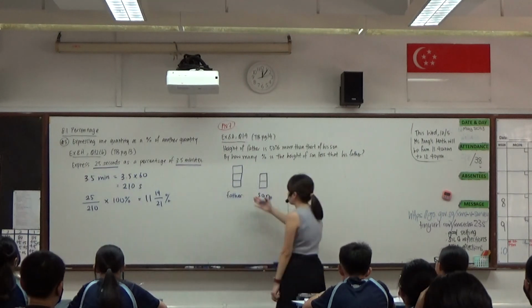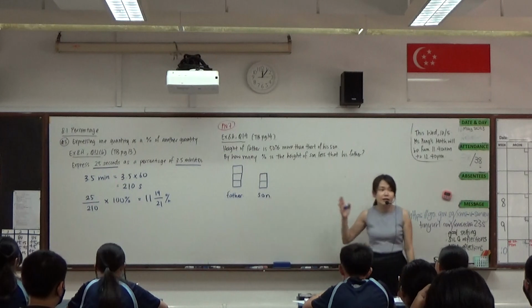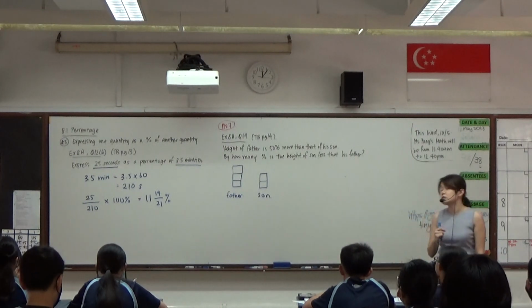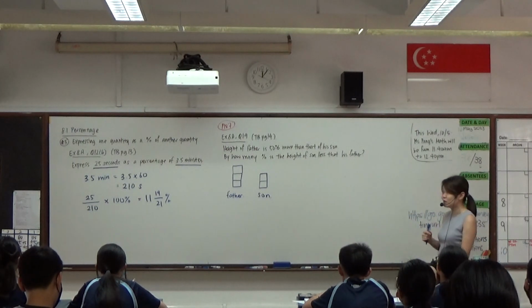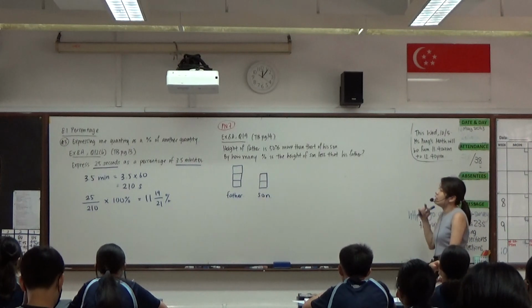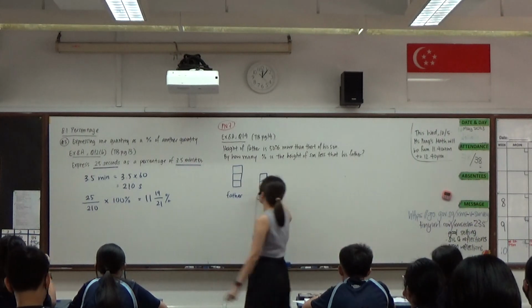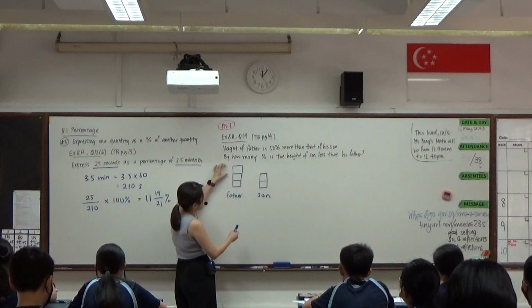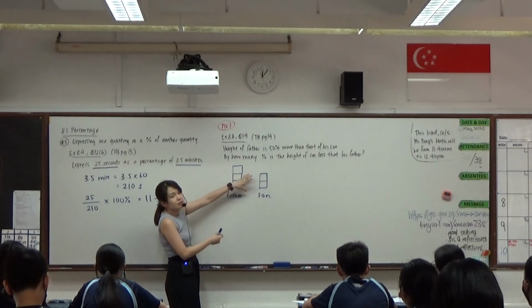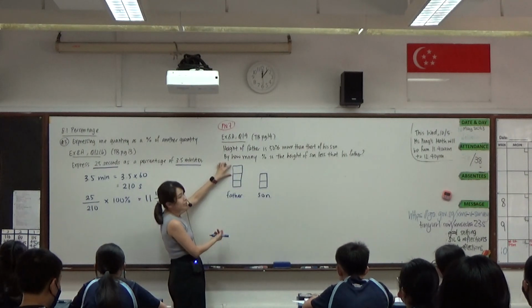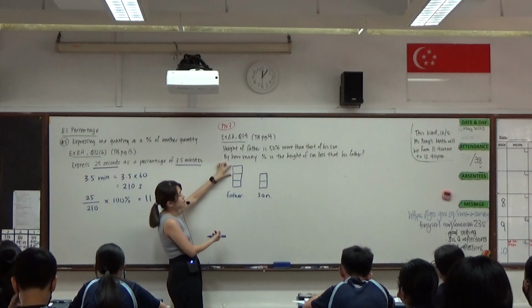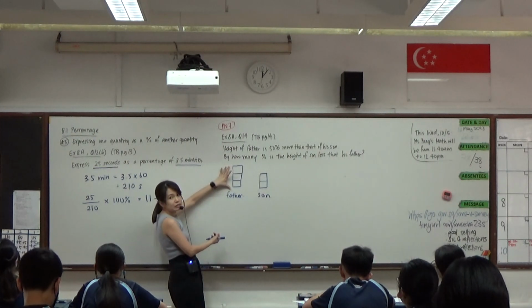Obviously the father doesn't look like this, the son doesn't look like that, unless the father and son are Lego blocks. But clearly they're not. So the question now is, is the son actually 50% shorter than the father? It's clearly not, right? Because this size over here is not 50% of the father.